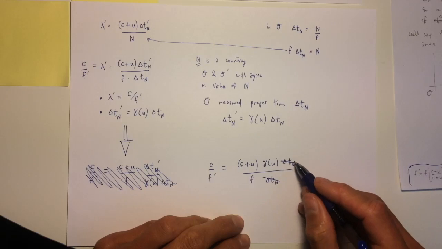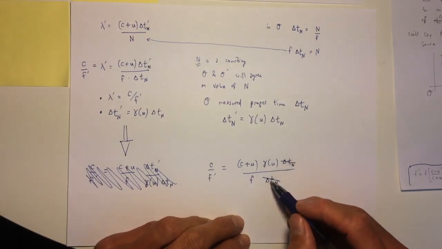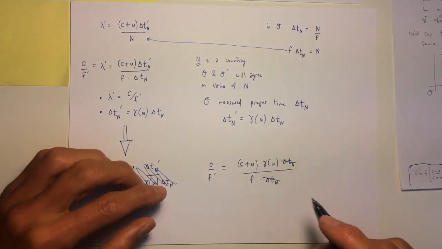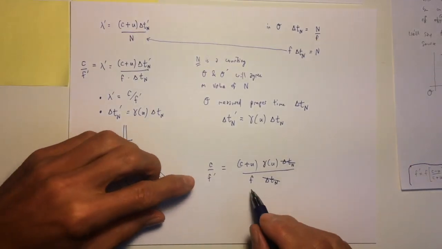the actual amount of time that the source emitter is emitting light waves doesn't actually matter, right? So that's an independent issue, it turns out, because it divides away.